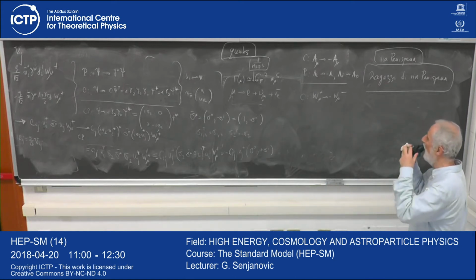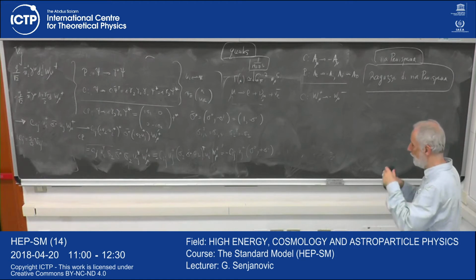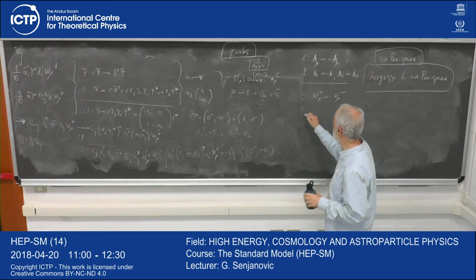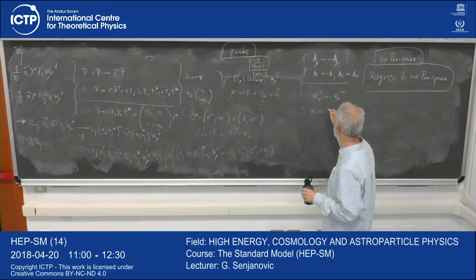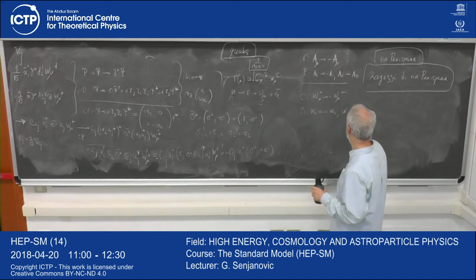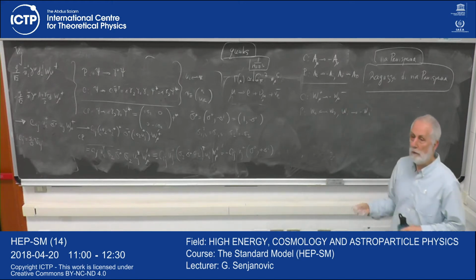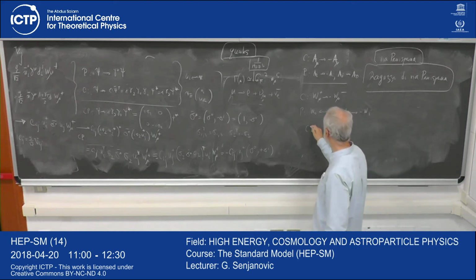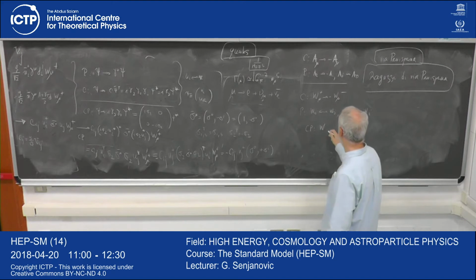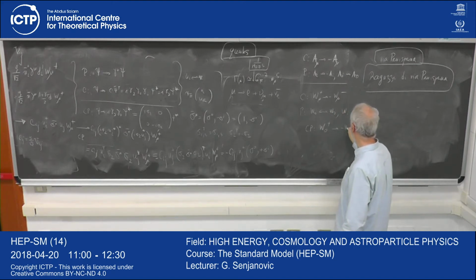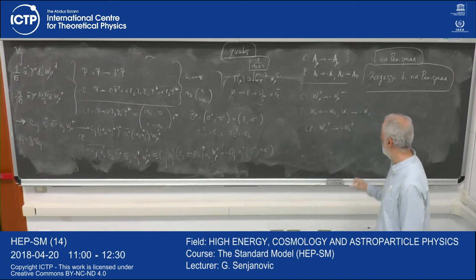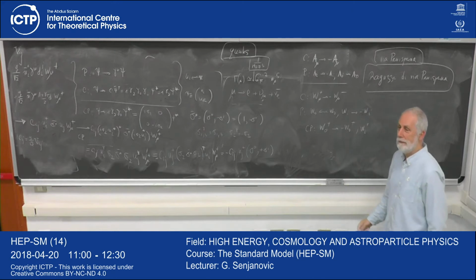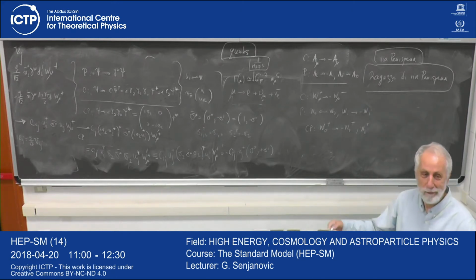And under P, same as the photon, W0 goes into W0 and WI goes into minus WI. And of course, charge is not changed. So under CP, W0 plus goes into minus W0 minus.